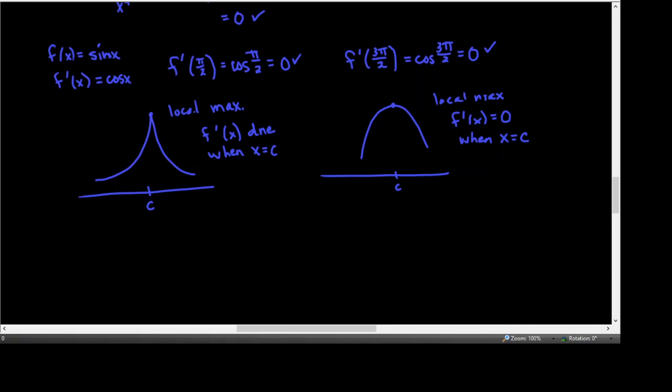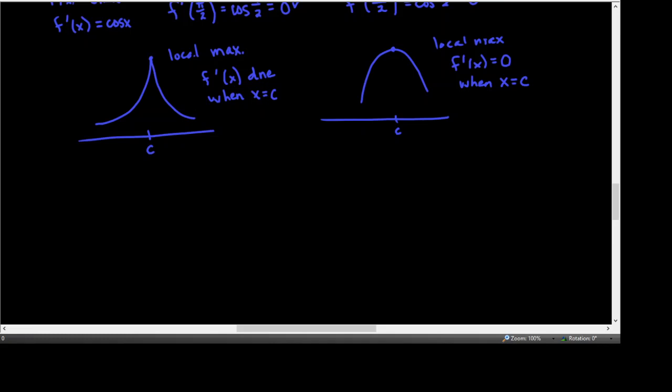Now, these places that are candidates for being local extrema are called critical numbers. And critical numbers are numbers that are critical for us to look at to see if we have a local min or max. So the definition of a critical number: let f be defined at c. So there actually has to be something there. It can't be an open circle there, or a vertical asymptote or something.